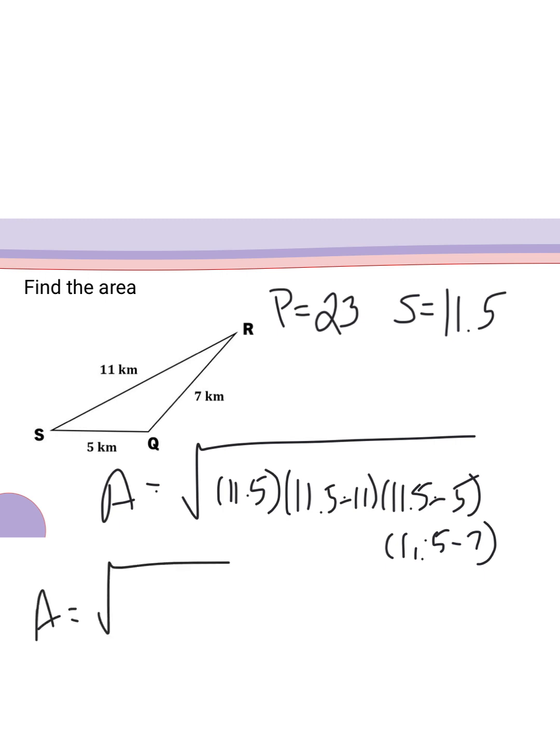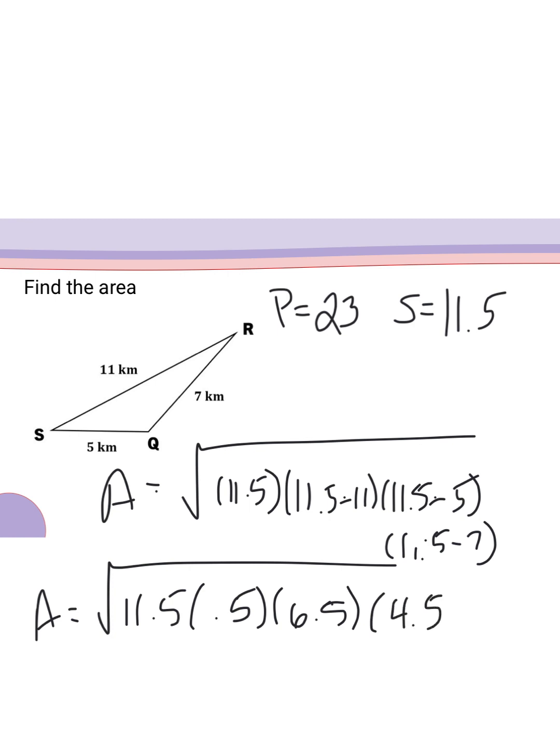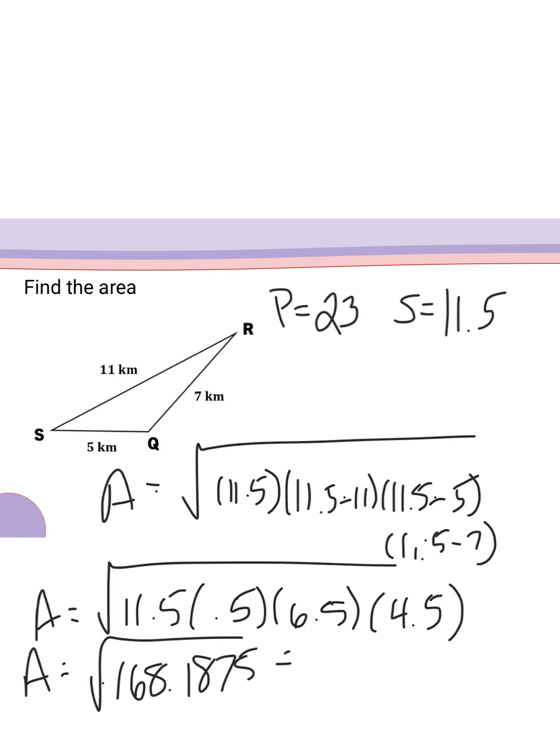So my area is the square root of 11.5 times 0.5 times 6.5 and 4.5. So I would just put this into my calculator. And that's really it for Heron's law. You just need to find the semi-perimeter and use that formula about the differences. So the square root of 168.1875 gets me an area of approximately 13 kilometers squared.